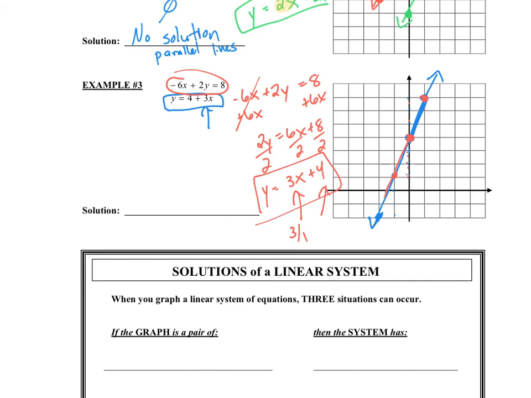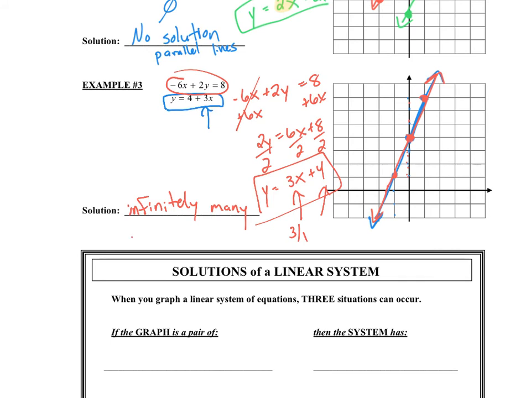So what do you notice about the red line and the blue line? You will notice it is the exact same line. The slopes are both 3, the y-intercepts are both 4. So this would be infinitely many solutions. Because it doesn't cross in one spot, it crosses in all the spots in that line.